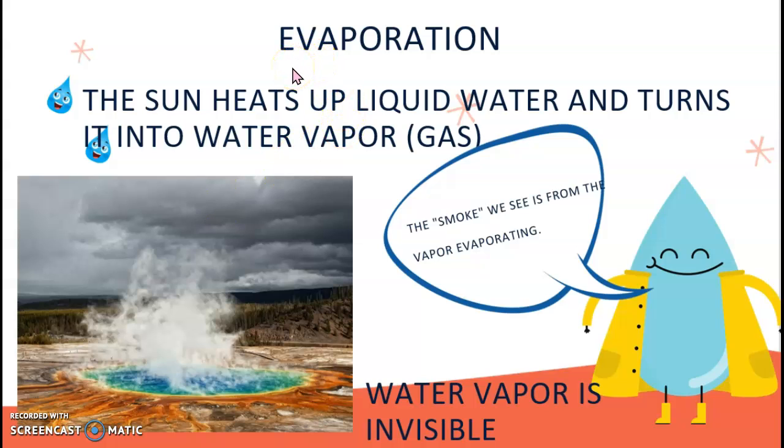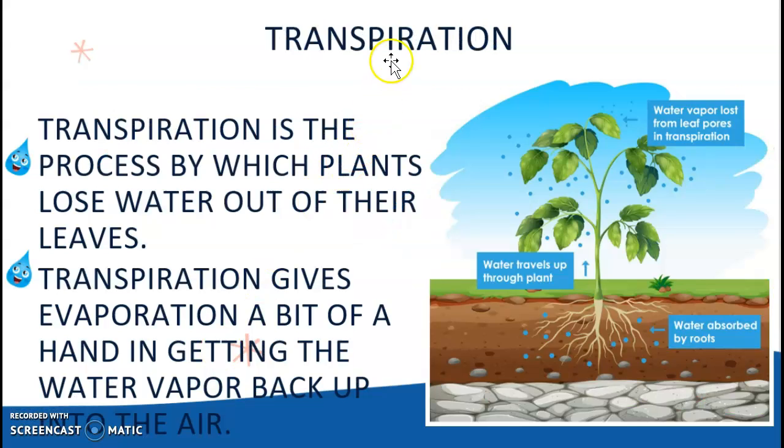First is evaporation. I want you to remember this. Evaporation is when liquid changes to gas. And this is an example. Transpiration is the process wherein plants lose water out of their leaves.